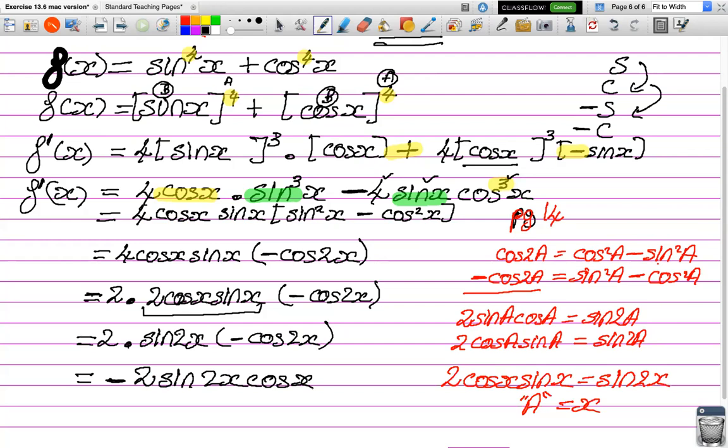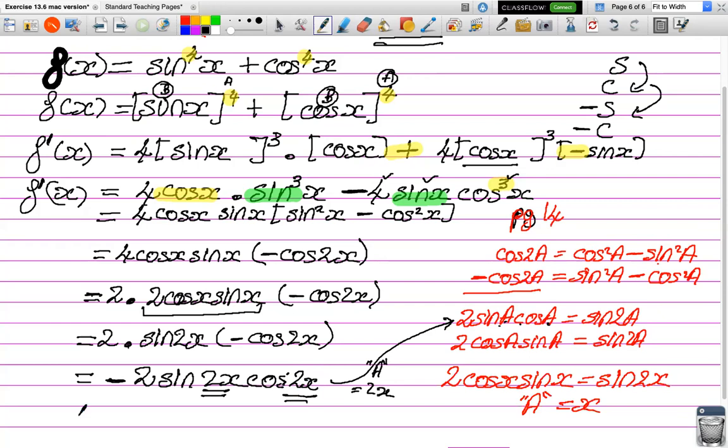And once again, we know there's a formula, and it's the same formula as this one. 2 sine A cos A equals sine 2A, except this time the A is equal to 2x. Sorry, there's meant to be a 2x here, and I only wrote x. So because those two angles are the same, and the formula says when those two angles are the same, you double it.